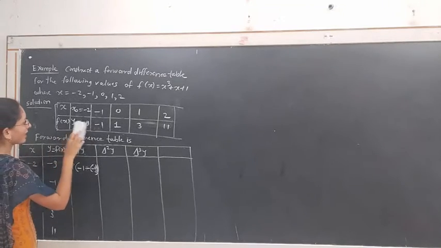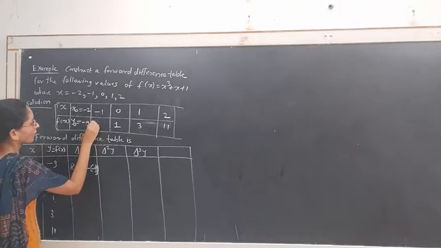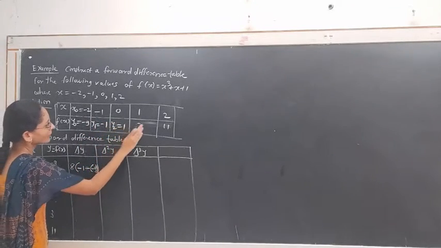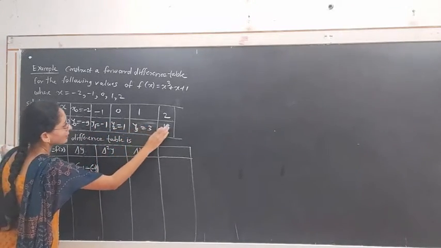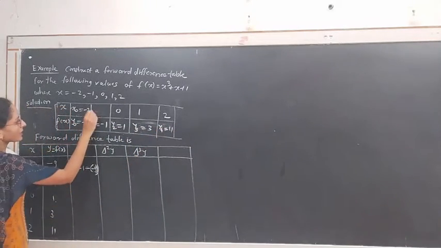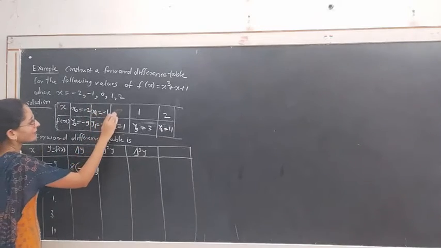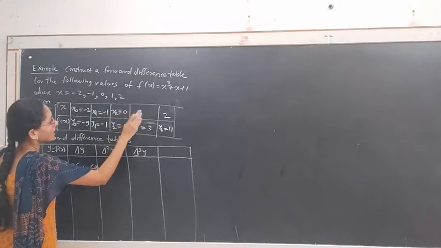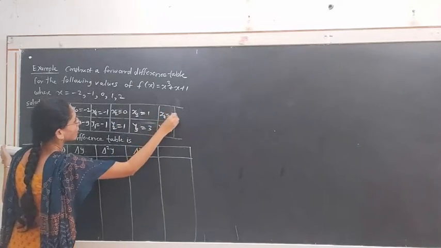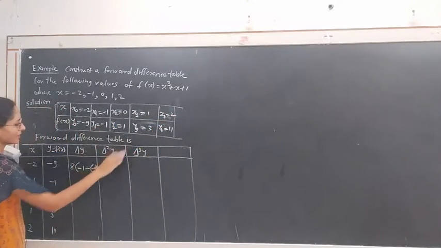See, these are the values of y1 equal to minus 1, y2 is equal to 1, y3 is equal to 3 and y4 is equal to 11. This is the value of x1, this is the value of x2, x3, x4 and the corresponding values.